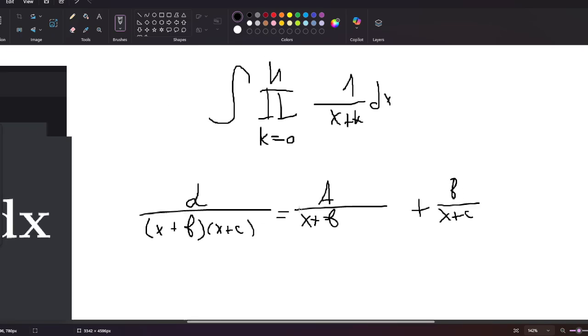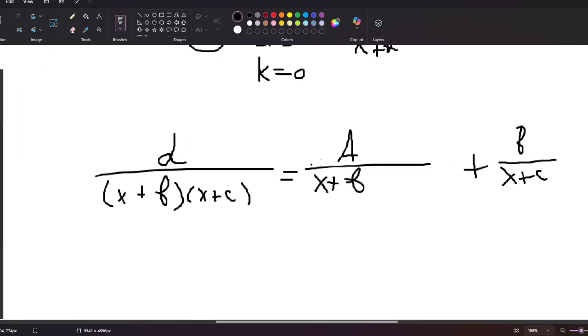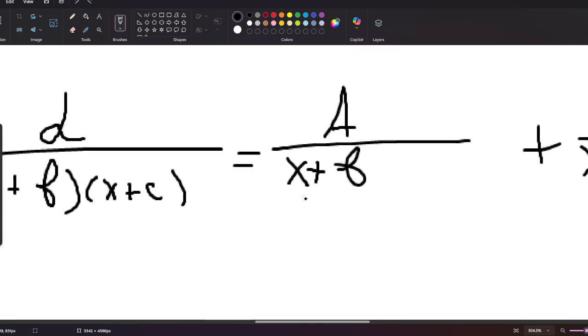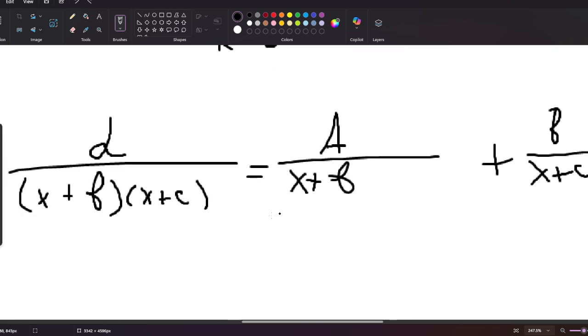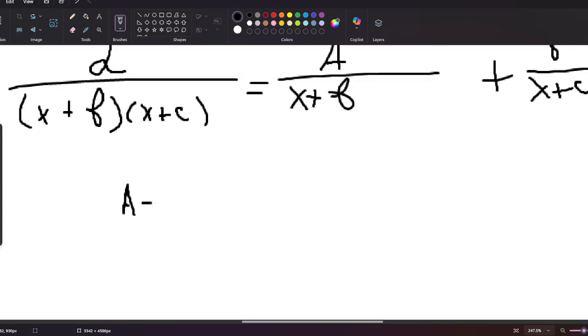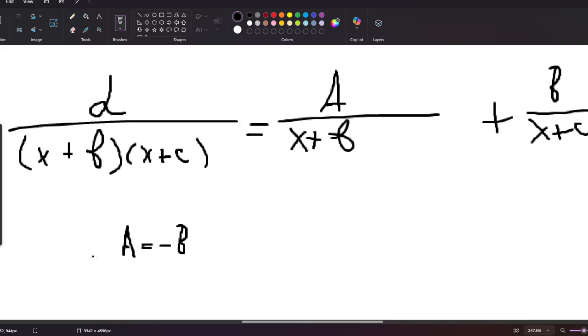Now let's actually find those. We know that A and B are opposite, because otherwise the x's wouldn't cancel out. So A equals negative B. And the other thing we know is that A times c plus B times b is equal to alpha.